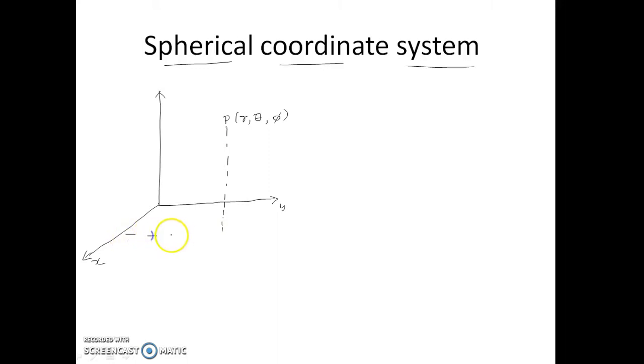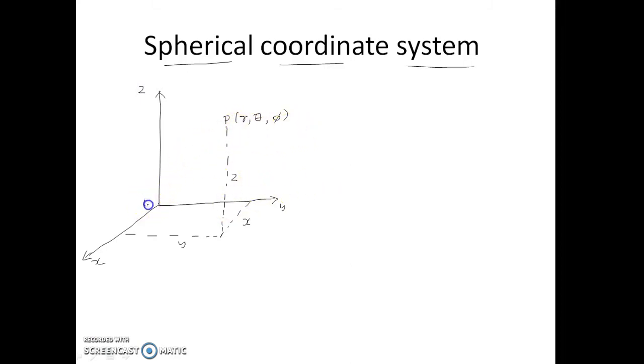Let me indicate x and y. So this is x, this is y and z in a rectangular coordinate system. Now we'll see what this r, theta and phi are.